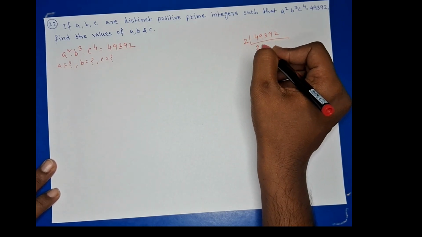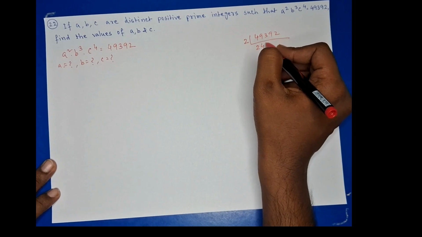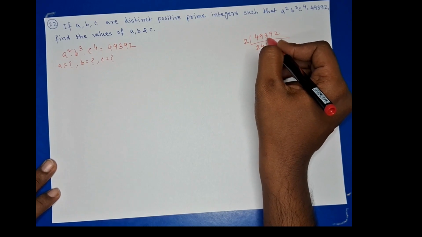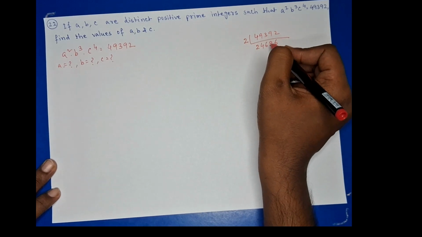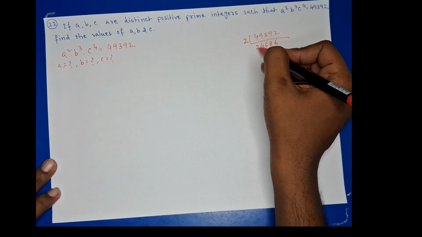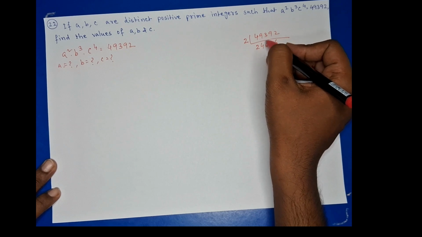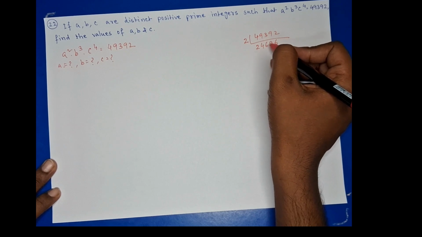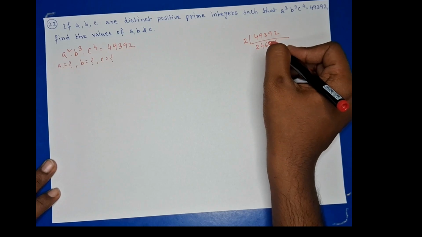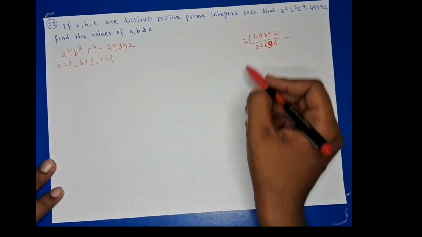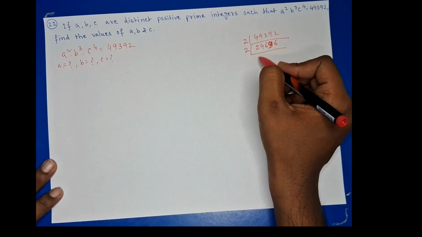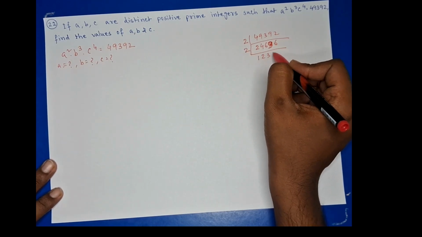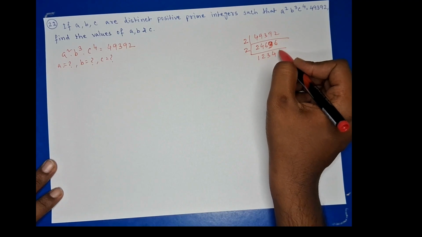2 2s are 4, 2 4s are 8, 3, 6, 13, 6, 2 is a 4, 1, 3, 9. This is 9. Then 6 is there, so again it will be divided by 2. So 1, 2, 3, 4, 1, 6, 8.